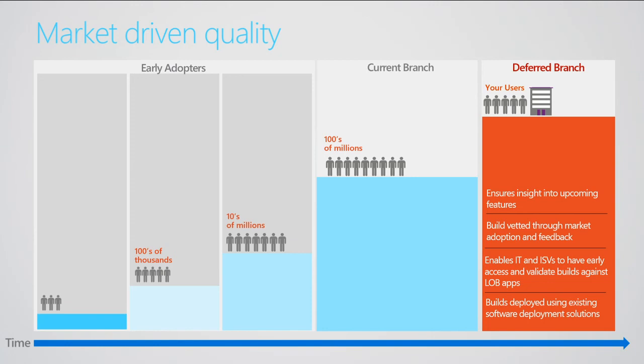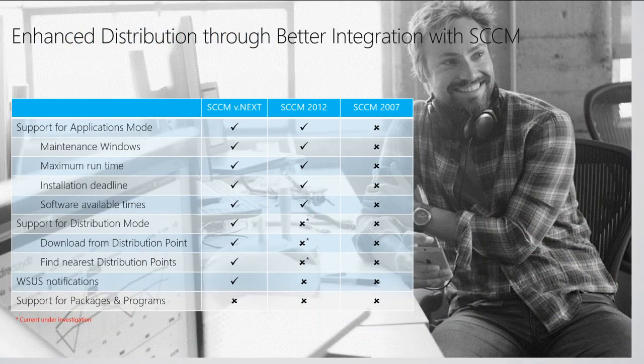So that obviously changes a lot on how we're going to use SCCM, because everything I just talked about, packages and programs and being able to use the application mode, that kind of changes things a little bit. So the other thing that we did talk about in that blog about a month ago was the better integration with SCCM. What does that really mean?